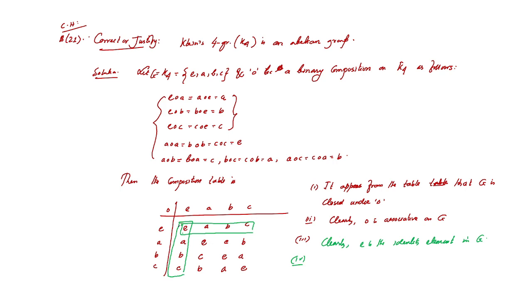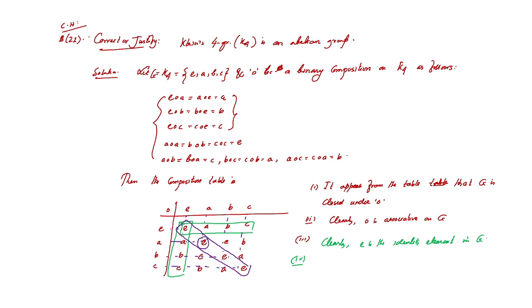So now we will just see the principal diagonal. We will check. So e composed e is e, a composed a is e, b composed b is also e, and c composed c is also e.